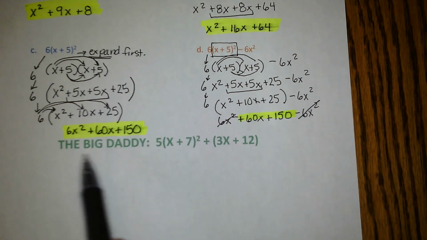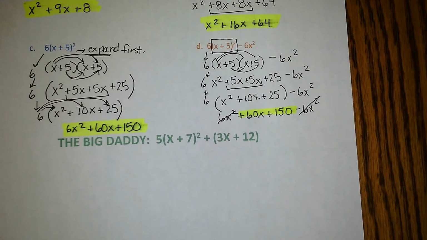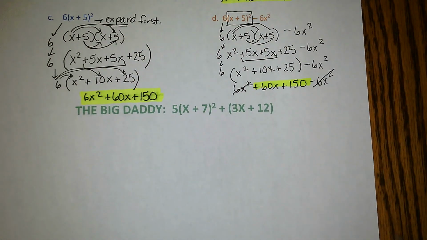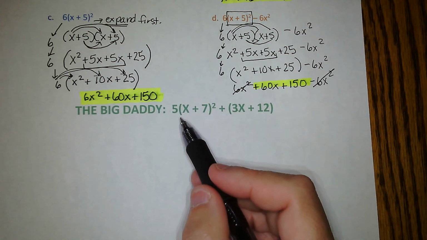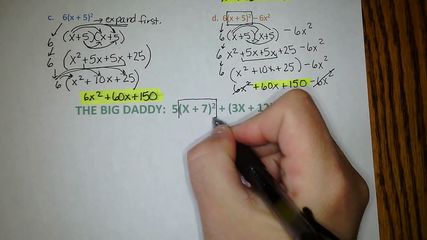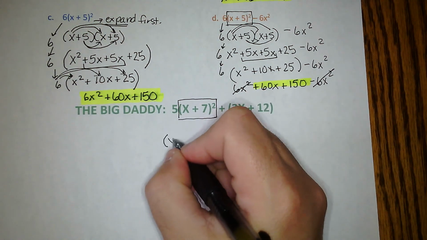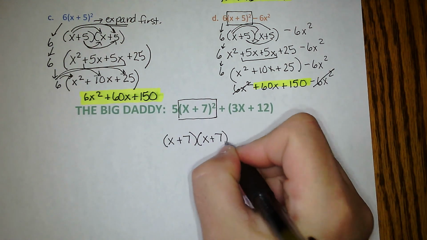Last one. Here's the big daddy. Here it comes. Here's everything that we've worked toward. And what we're going to do is start by expanding our x plus 7 squared. We're going to expand this first. When you expand it, that means we're going to do x plus 7 times x plus 7.